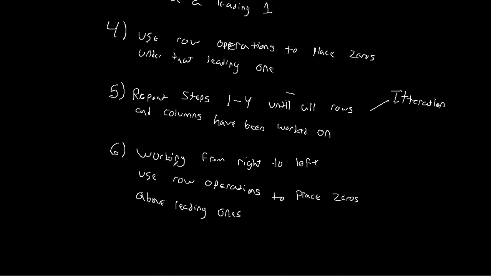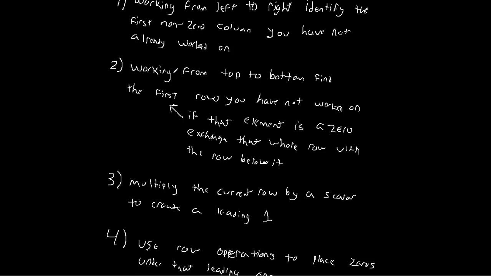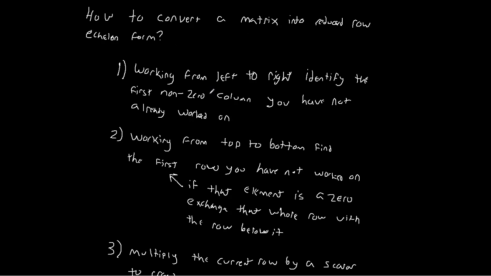Just to recap, the first thing we're going to do is figure out what column to work on. The second thing is figure out what row to work on. That combination of row and column will give us an element. If that element is 0, we're going to flip the whole row with the row below it. We're going to keep doing that until we have a non-zero element there.